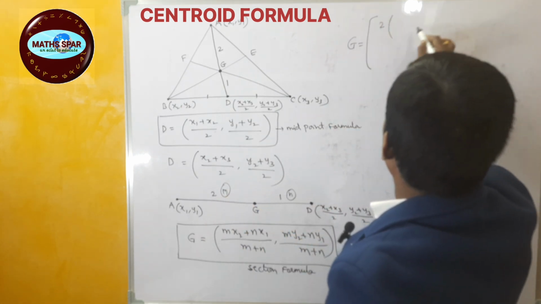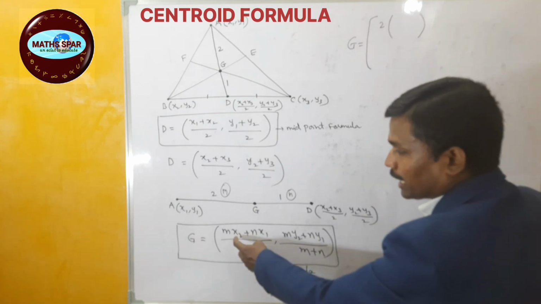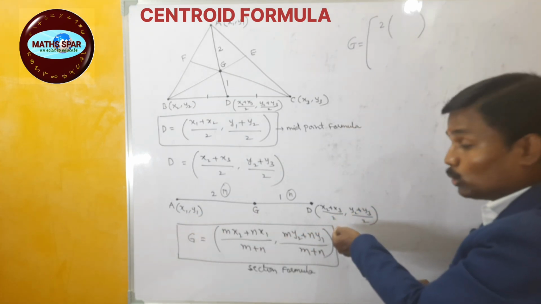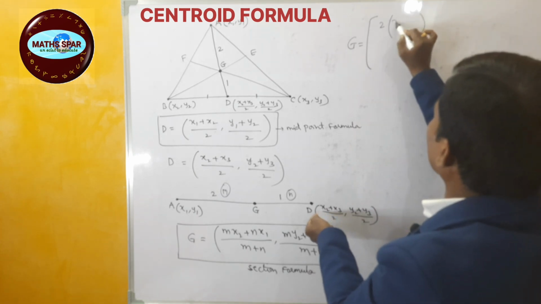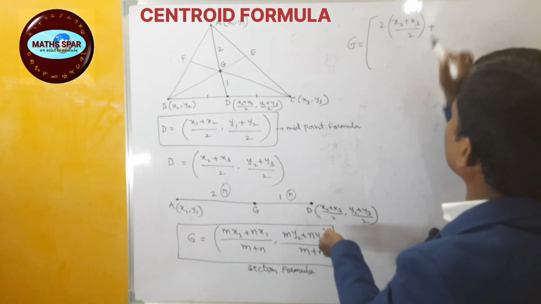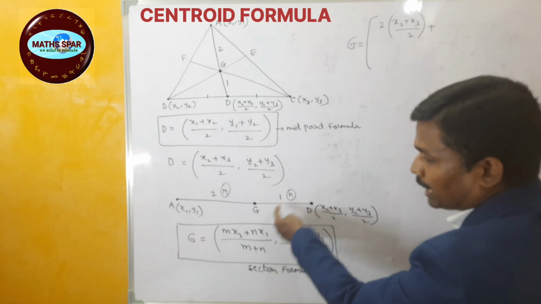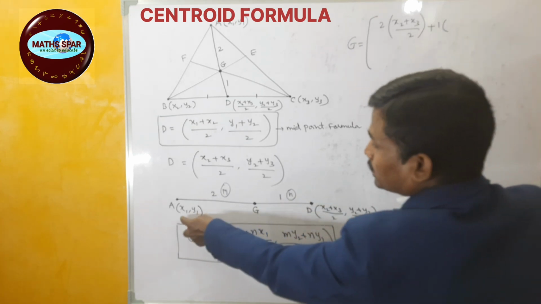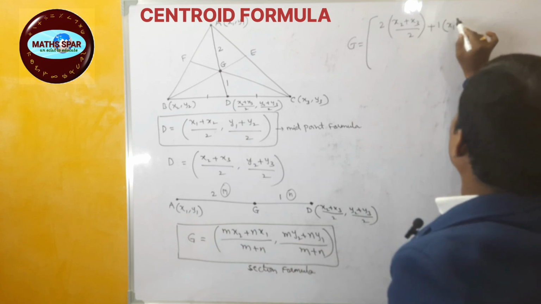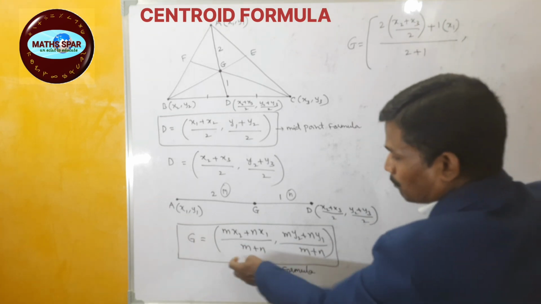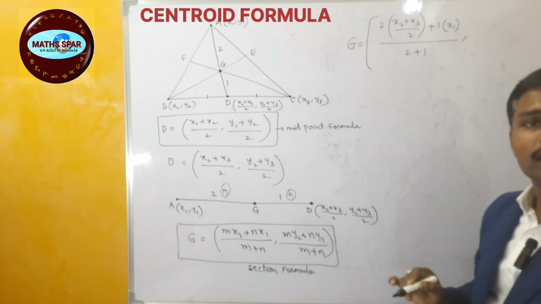2 into, what is x2? This is x1, y1. This is x2, y2. So x2 is x2 plus x3 by 2. Plus n is 1, so 1 into x1. x1 is x1 only. So divided by m plus n, that is 2 plus 1.